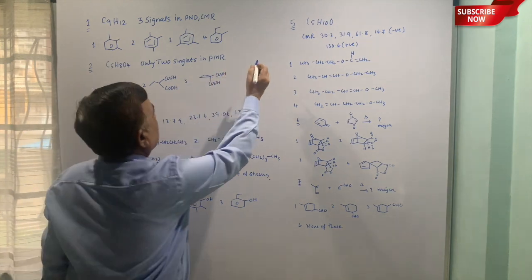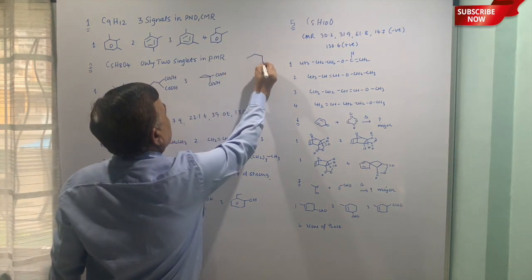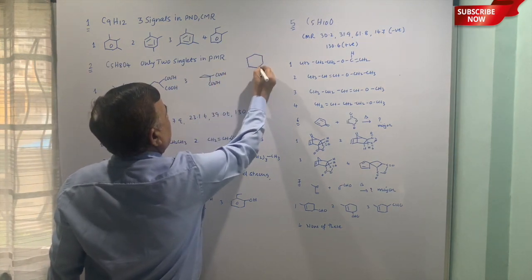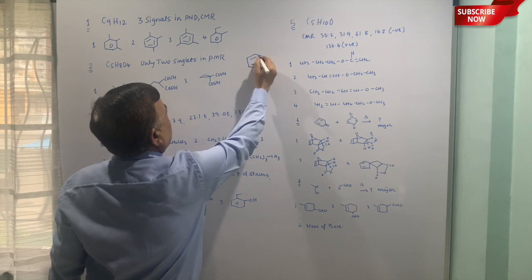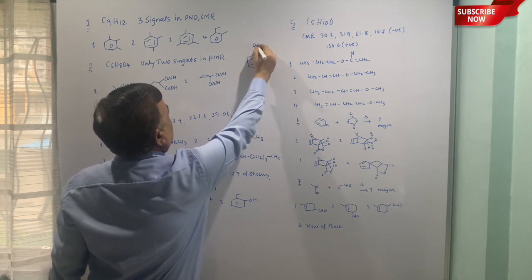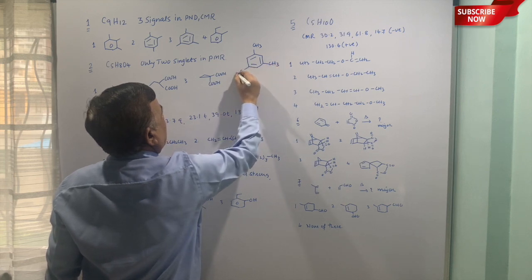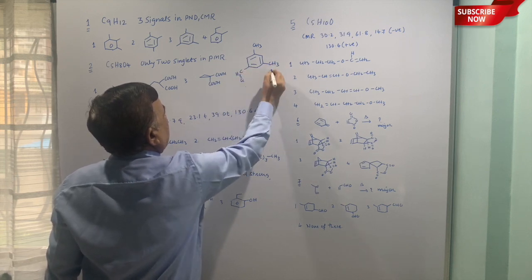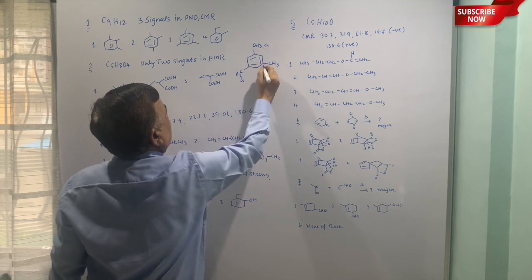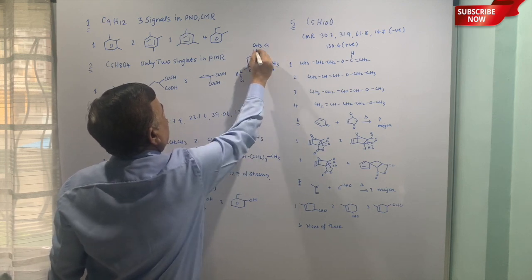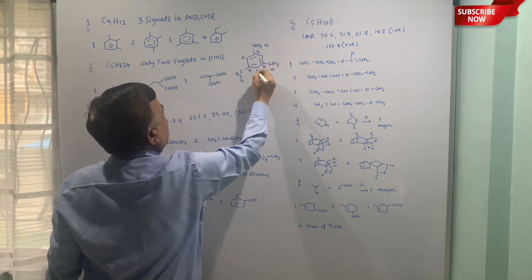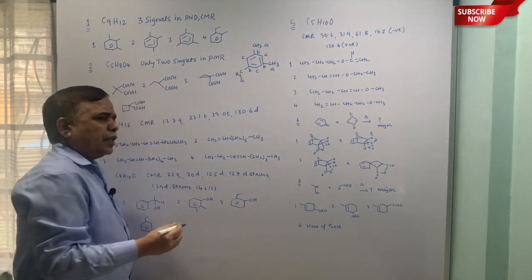So 3 signals, there should be 3 sets of carbon. So A, B and C, these are the 3 sets of carbon.